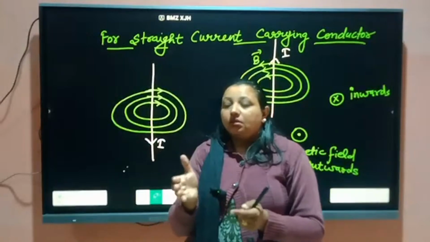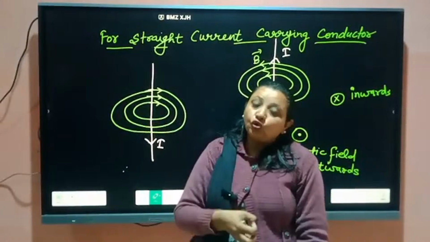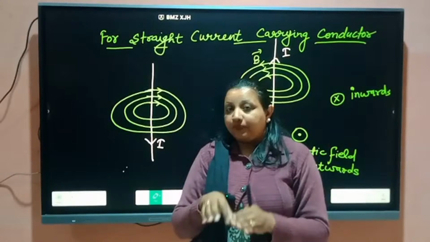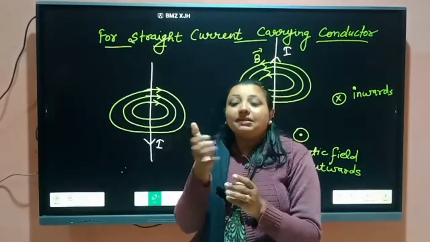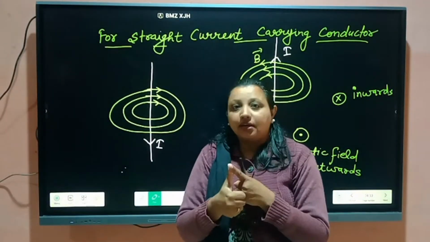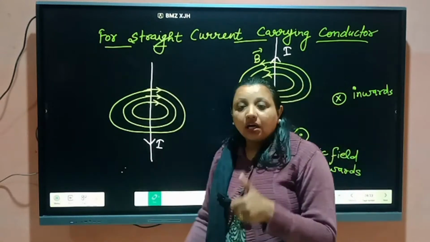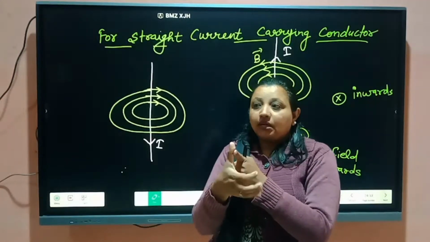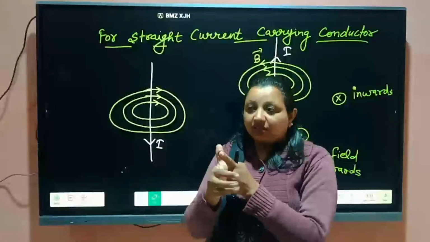Okay? Now we can use the right hand thumb rule for the circular current carrying conductor also. How? If our current loop is in the form of a circle, if our current carrying conductor is circular, then these fingers now represent the direction of current and this thumb represents the direction of magnetic field. Okay, it will be reversed in that case. In the earlier case, the thumb was representing the direction of current in the straight current carrying conductor, and the magnetic field was represented by the curled fingers.